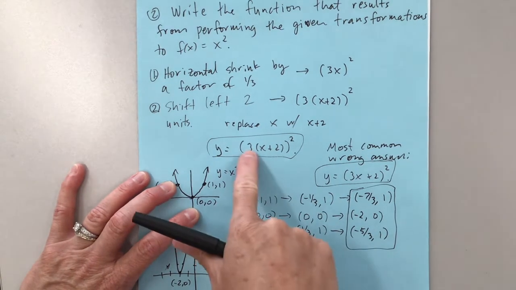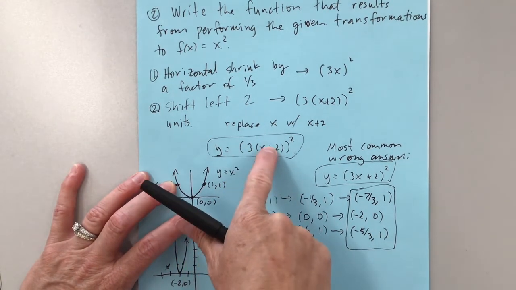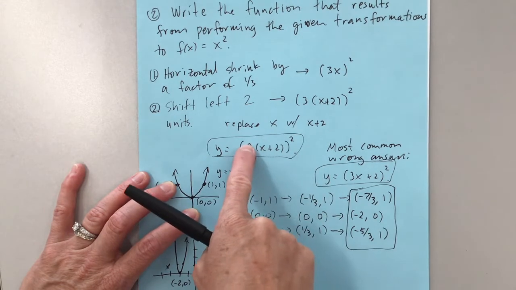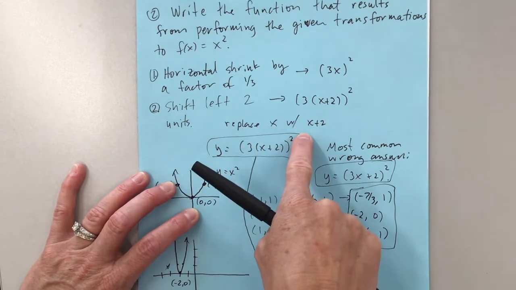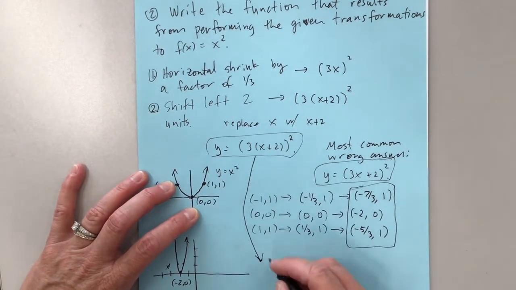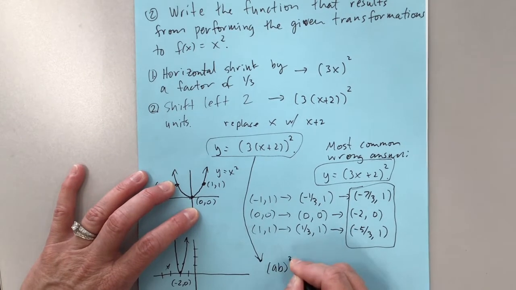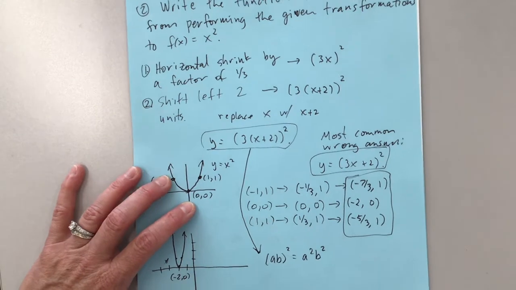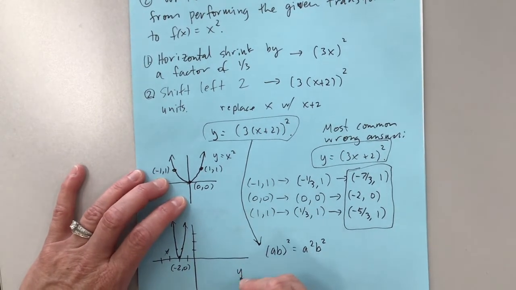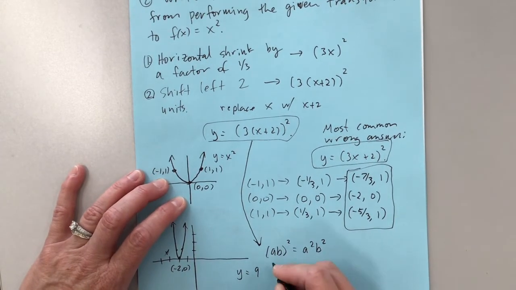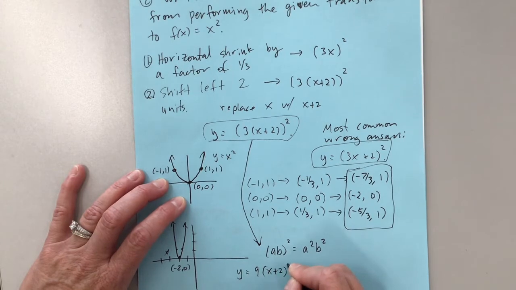So first, this is 3 times the quantity x plus 2 squared. So I'll square the 3 and then square that one separately. So that property that I'm using would be (ab) squared is a squared b squared. So that would go to y equals 3 squared, which is 9, times (x plus 2) squared.